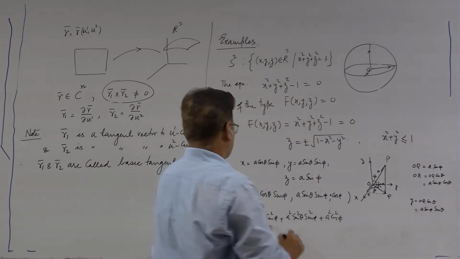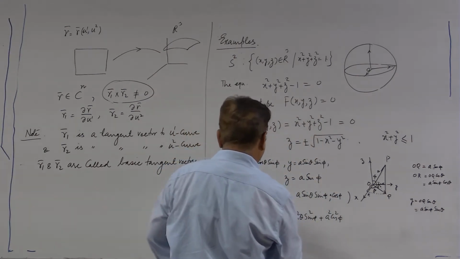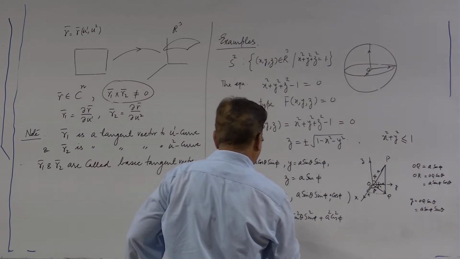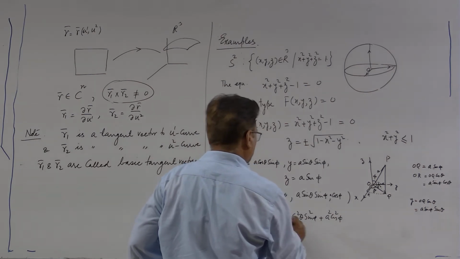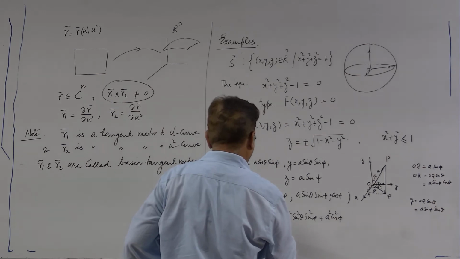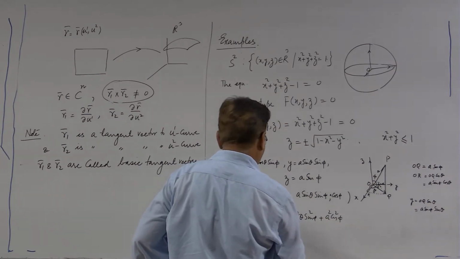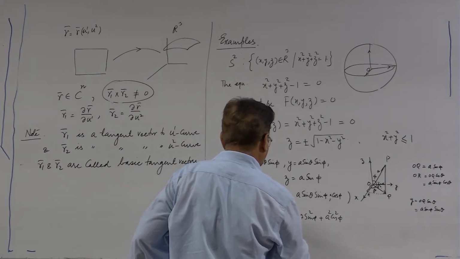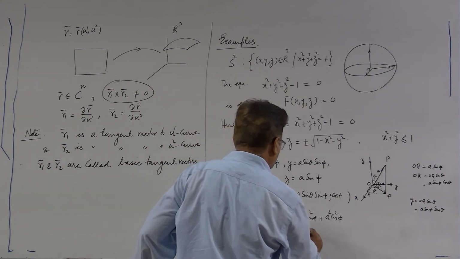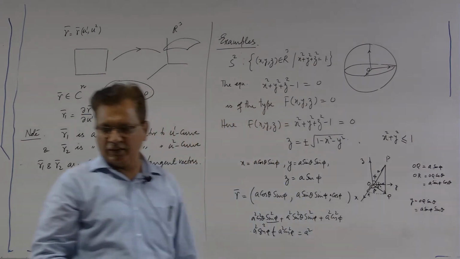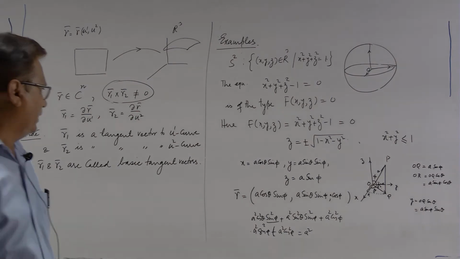If you take sin square phi common, cos square theta plus sin square theta is 1, so this becomes a square sin square phi plus a square cos square phi, which is simply a square. So, x square plus y square plus z square equals a square, and we are right, it should be a cos phi.